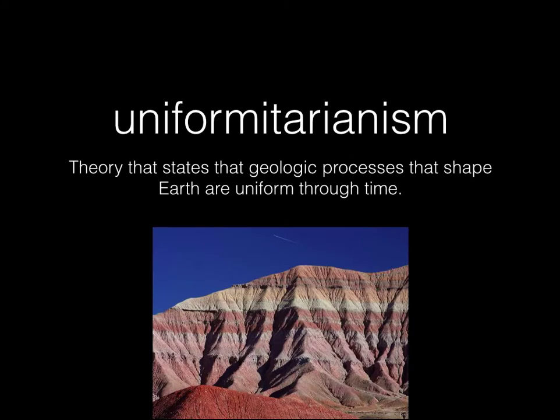Uniformitarianism, this is the theory that states that geologic processes that shape Earth are uniform through time. So this means that whatever happened previously is going to be happening now. It might be a very, very slow process, but nothing is changing. It's all happening the same way as it was happening when Earth formed.